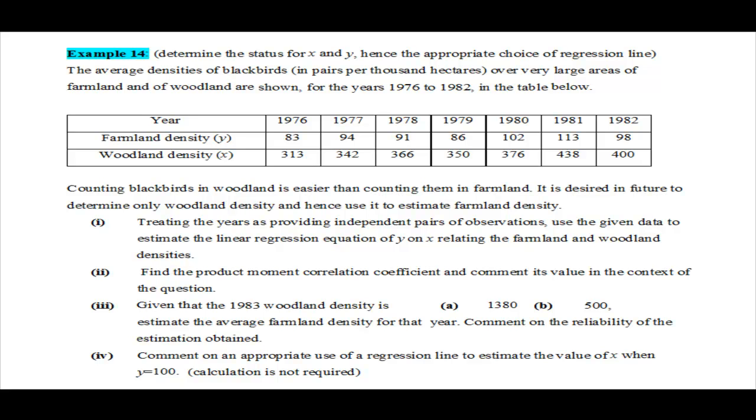The table gives the densities of blackbirds in farmland, given by y, and woodland, given by x, throughout the years from 1976 to 1982. In this question, you are told that counting blackbirds in the woodland is easier than counting them in farmland.